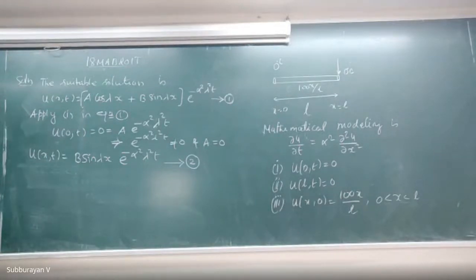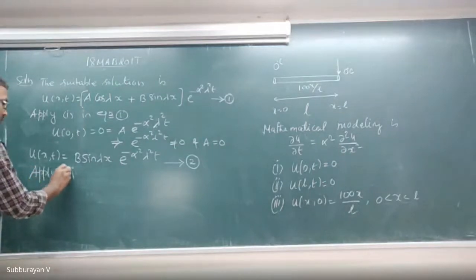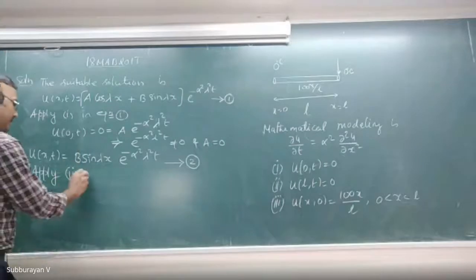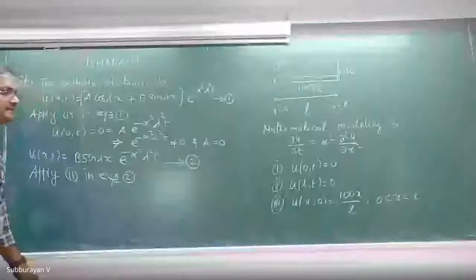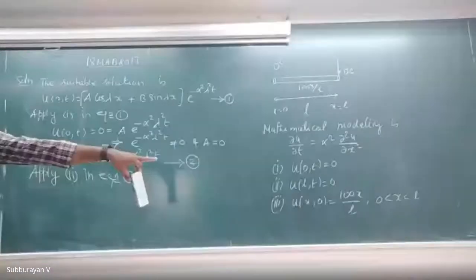Now apply the condition 2 in equation number 2. So what is the condition number 2? U of L comma t equal to 0.